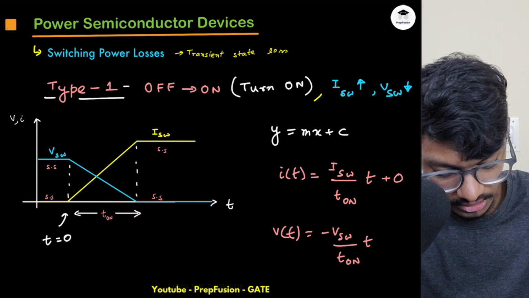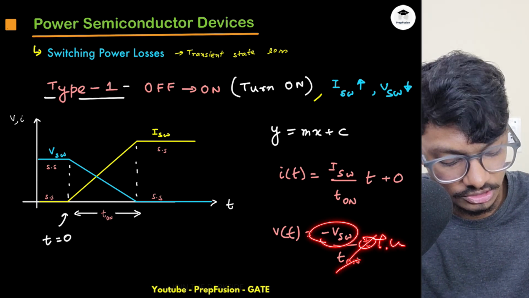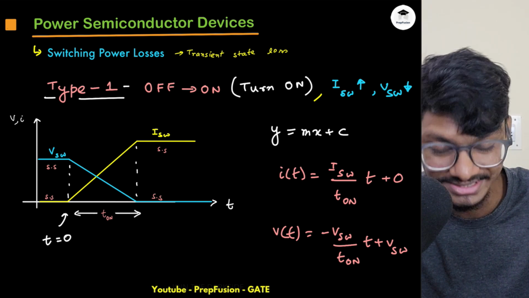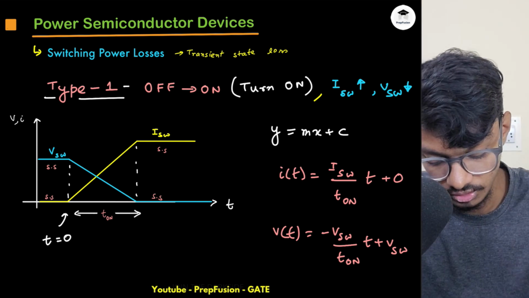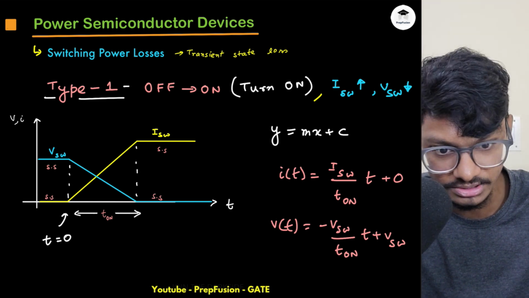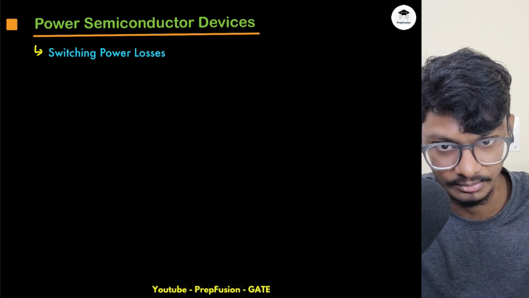If I put t_on here, this is minus V_SW, so I have to add V_SW extra so that it goes to 0. So this time the intercept won't be 0. These are the two equations of my voltage and current, and if I simply multiply and do the computations, I will be able to find my value of switching loss. I will just do that and then come back.